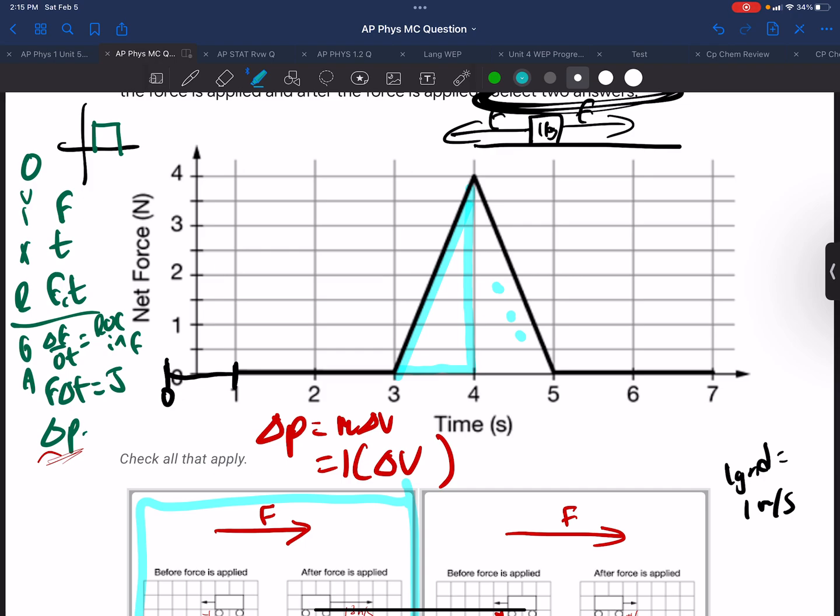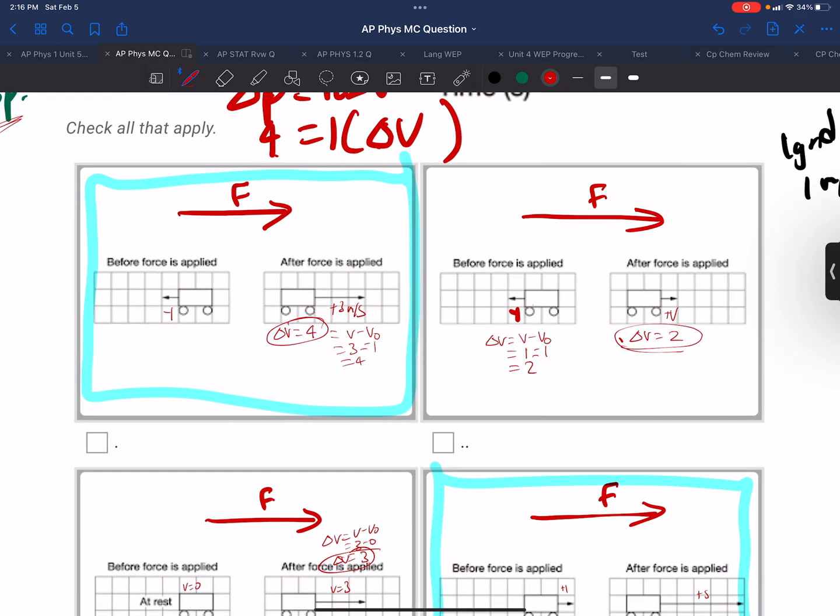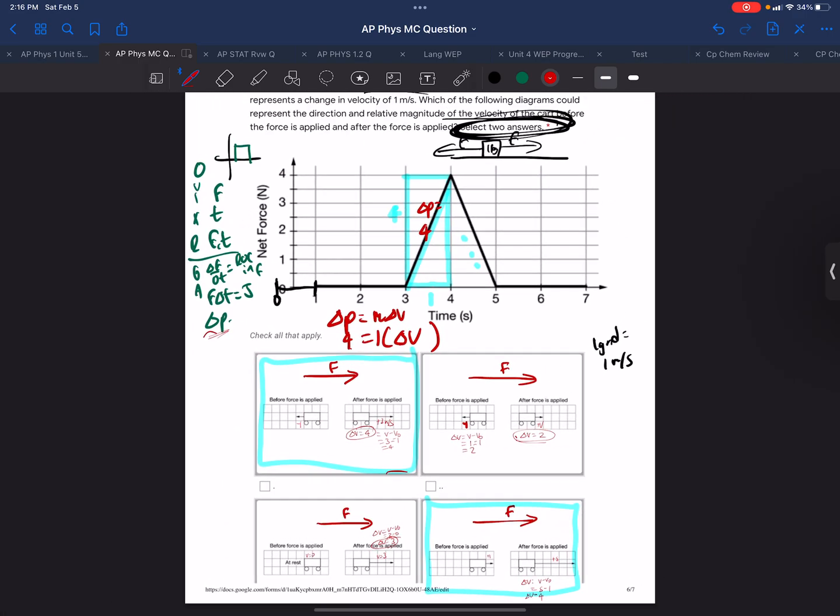We can reflect that around the function and see that this is the area of a rectangle with a side of 1 and a height of 4. So we have a delta P equal to 4. If delta P is 4 and the mass is 1, then delta V must be 4. And that's what we see in these two blue choices. That's why those are our two answers.